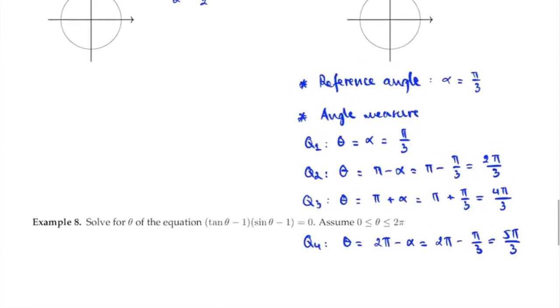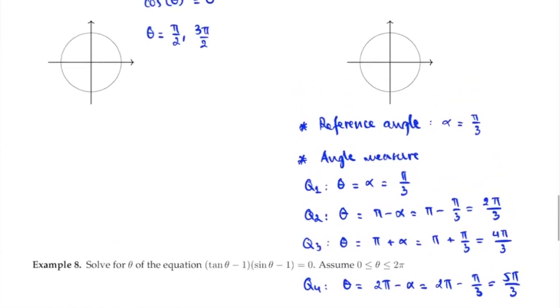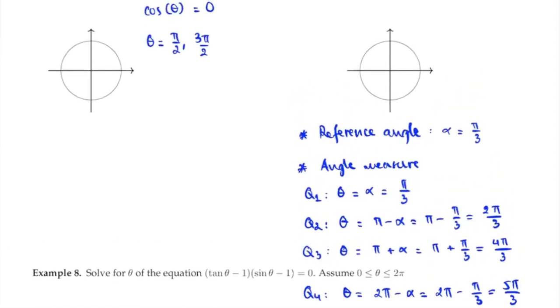Now, after calculating the angle measures, you go back to the equation and see that cosine has to be a negative number. Right? So when cosine is a negative number, you only choose the solutions in the second and the third quadrant.